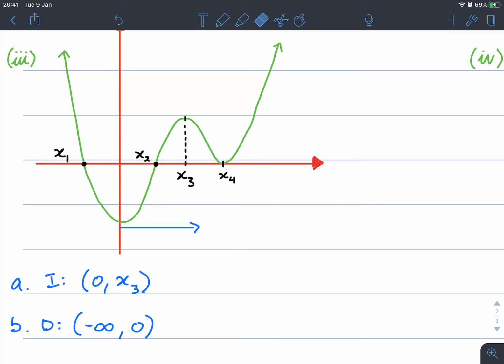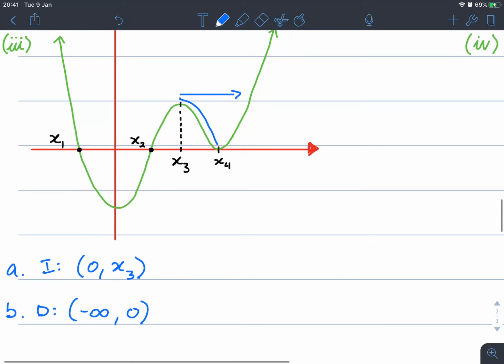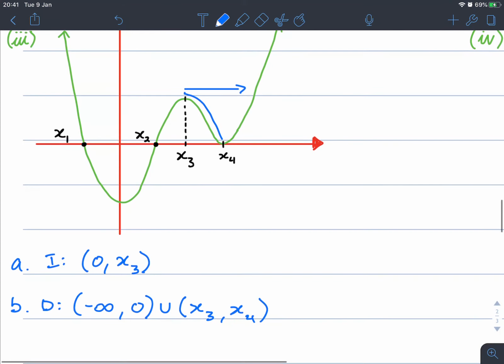Now from that point, as x increases, what is happening to y? Well, the y values are going downwards. So it's decreasing from x3 to x4. That is a union between them.